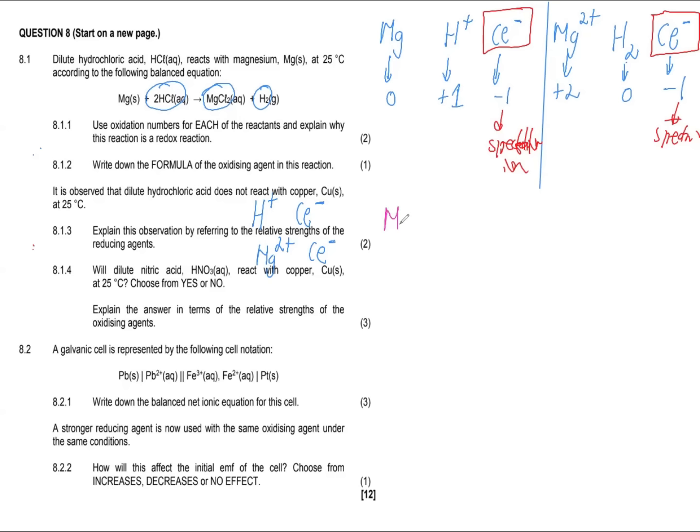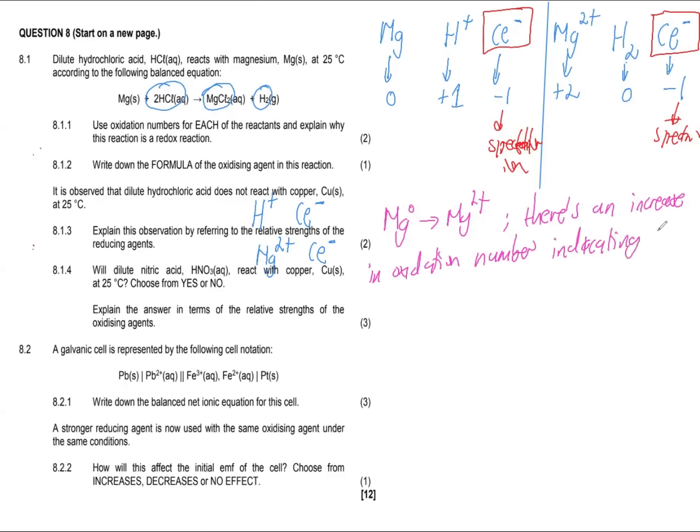So we're going to say from magnesium 0 to magnesium 2+, there is an increase in oxidation number, indicating an oxidation reaction. And then when it comes to the H+, we're going to say from H+ to what?